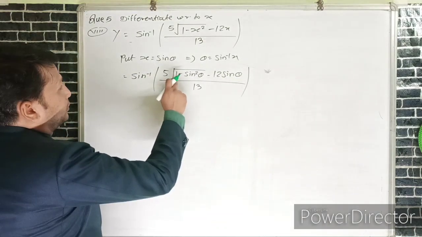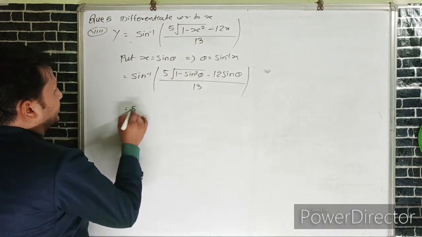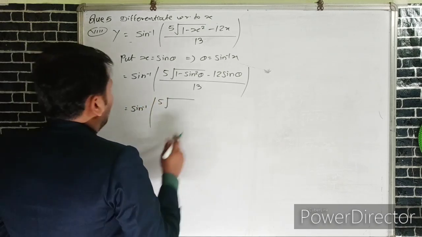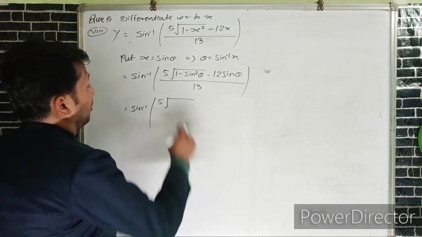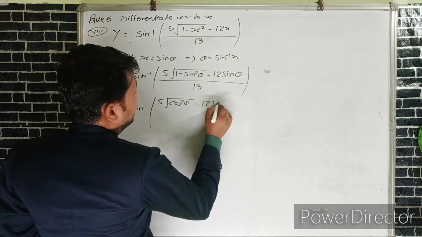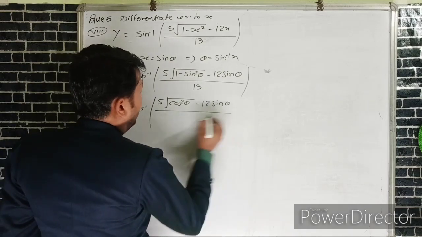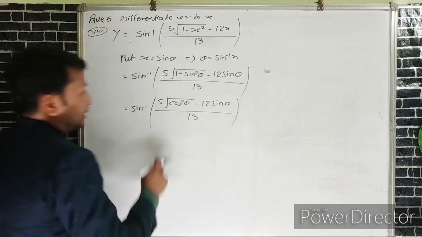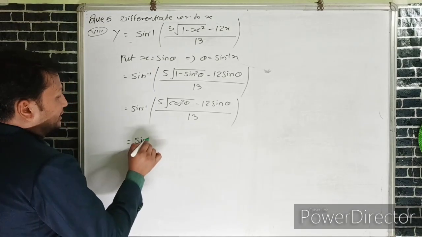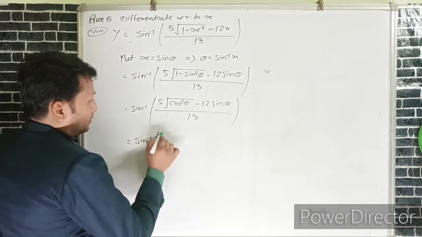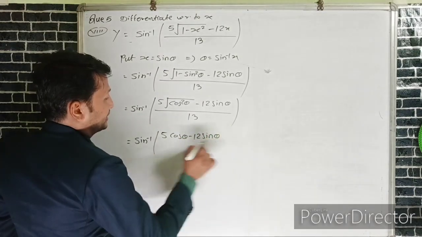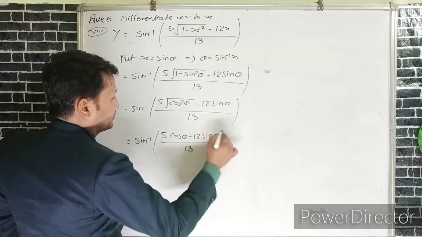We know that 1 minus sin square theta is cos square theta, hence we can write 5 under root of cos square theta minus 12 sin theta upon 13. Under root of cos square theta is cos theta, hence y is equal to sin inverse of 5 cos theta minus 12 sin theta upon 13.